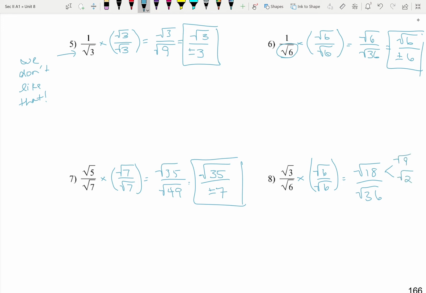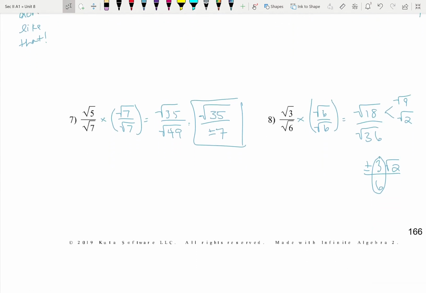So that actually becomes positive or negative 3 root 2, while the denominator becomes 6. You could put the positive negative here, but you don't have to because it's already in the numerator. Now we're still not done because 3 over 6 is equivalent to 1/2. So the final step is to actually say 1 root 2 over 2.